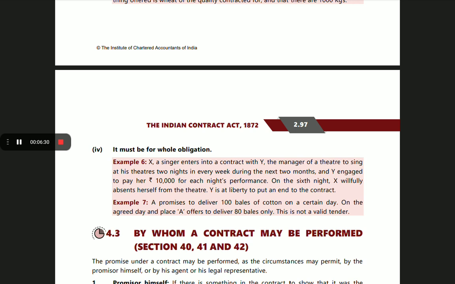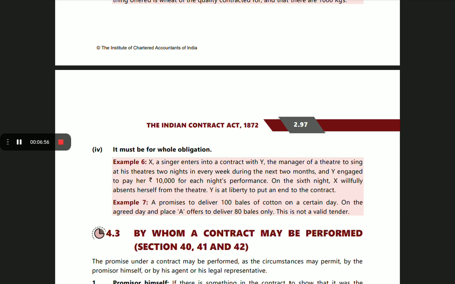On the sixth night, X willfully absents herself from the theatre. Y is at liberty to put an end to the contract.